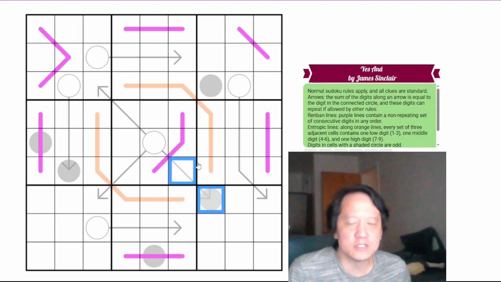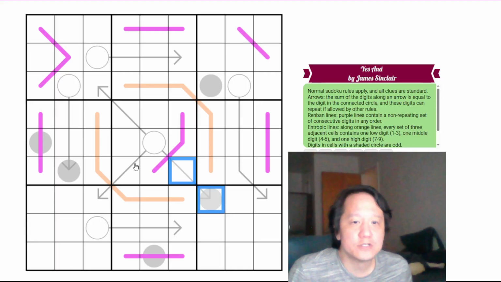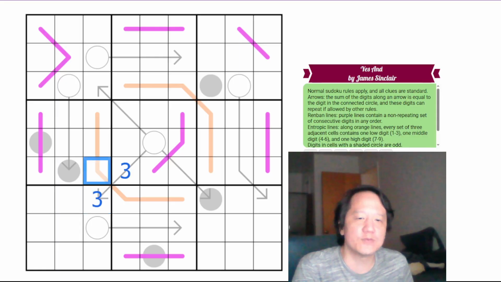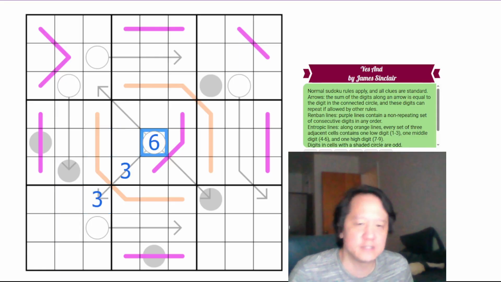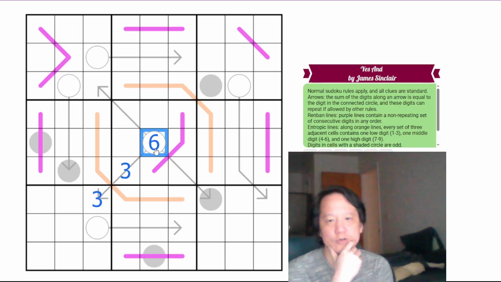And these digits can repeat if allowed by other rules. So, for example, if this were a 3 and a 3, then this digit would have to be a 6, because the digits along the arrow must sum up to the digit in the arrow's circle. And that's an example of how arrows work.